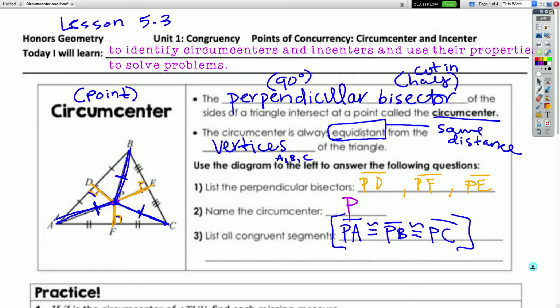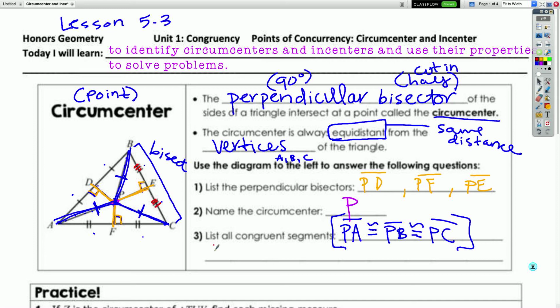Then we also see all of these congruent segments here, and think about where we get that information. So I see that the perpendicular bisector is actually splitting each side of my triangle into 2 congruent parts. That comes from the word bisect. I know I'm splitting it in half. So if I go ahead and list out all of those, let me change colors again.